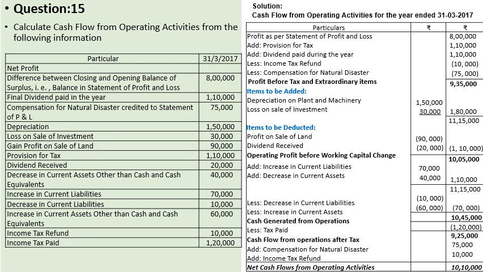First, we have to find the net profit before tax and extraordinary item. How do you find it? We take the difference of the net profit, closing minus opening. With that we add the provision for tax 1,10,000. With that we again add the dividend paid during the year 1,10,000, which is also the proposed dividend of the previous year.